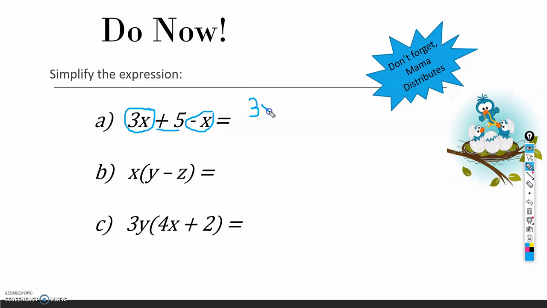I have a 3x, and I'm going to be including the operation signs, minus x plus 5. So I use the commutative property to put them together. 3x minus x. I have 3 x's. I take away an x. Now I have 2 x's left plus 5. So that's the answer for the first one.